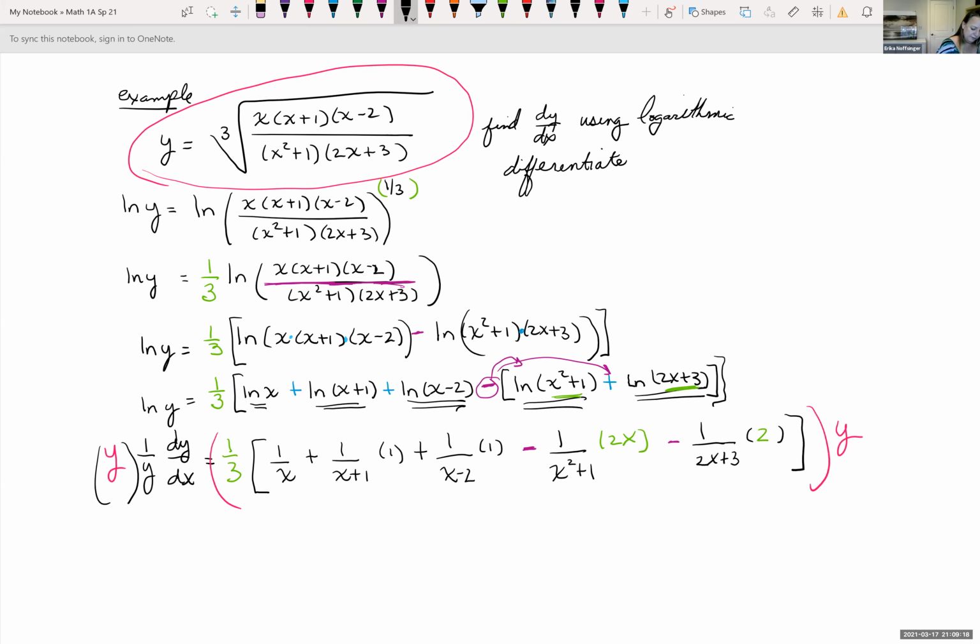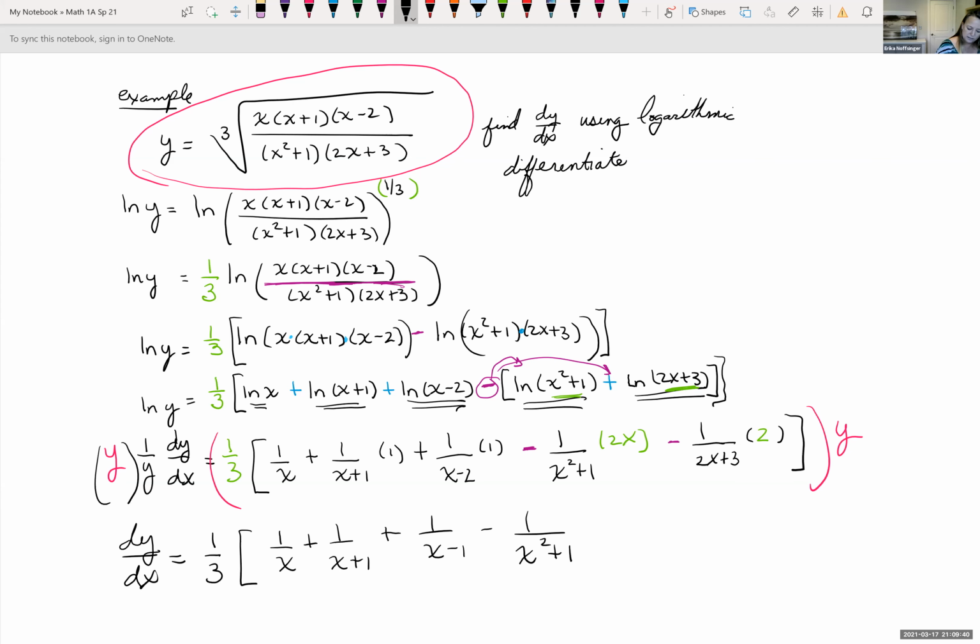So we just found our derivative, dy dx is equal to 1/3 of 1 over x plus 1 over x plus 1 plus 1 over x minus 2 minus 1 over x squared plus 1.